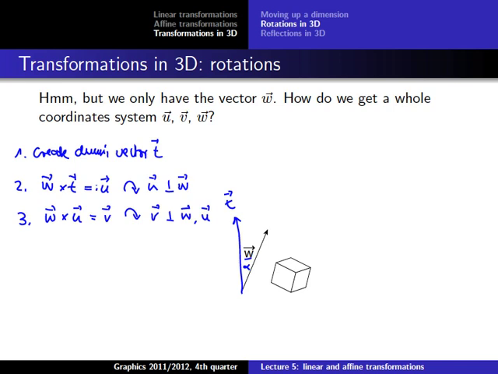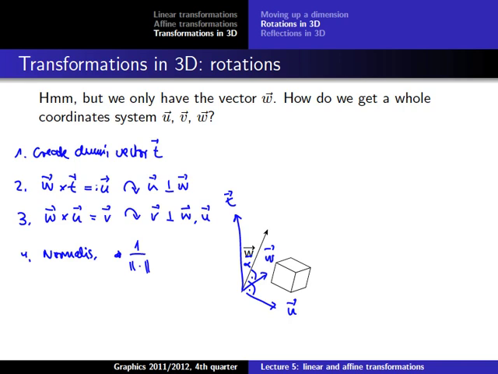So we have created our coordinate system with these vectors here that have the right angle. And then the only thing we have to do is, of course, the normalization, which means we have to multiply each vector with 1 divided by its length.